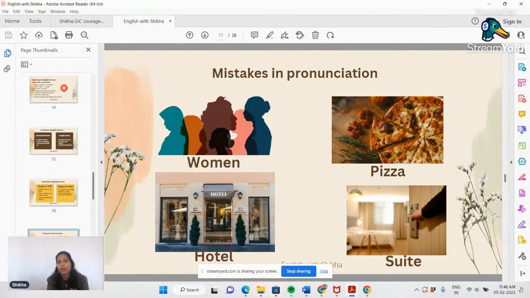Again, we have sit and sheet, bed sheet, or I need a sheet of paper. Can you see how there is a difference in the pronunciation, and the meaning also is different? So you have to be very careful when you are pronouncing your words, right?